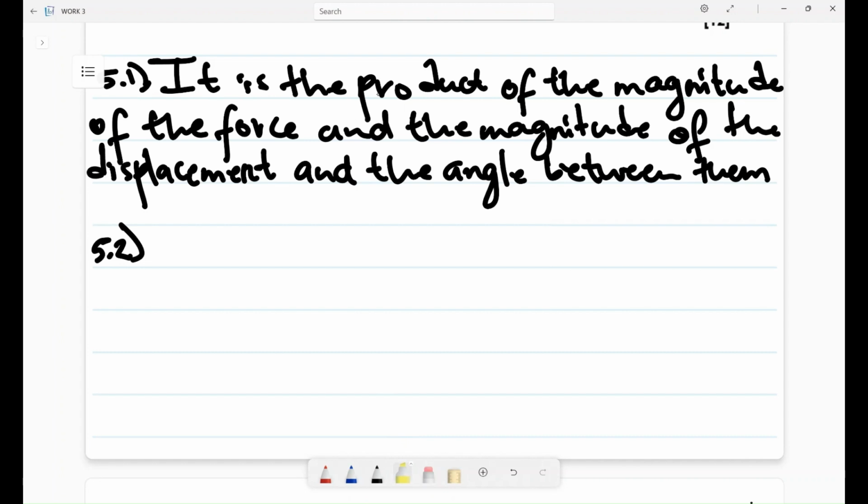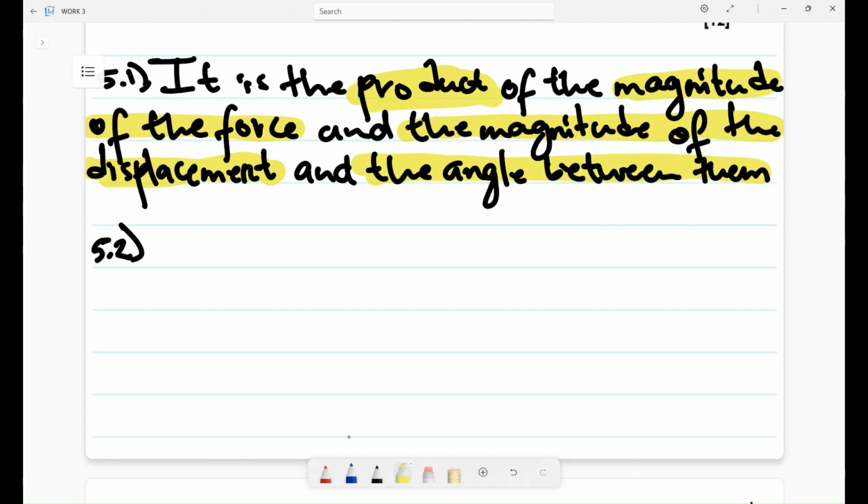So what's important is the product of the magnitude of the force and the magnitude of the displacement and the angle between them.